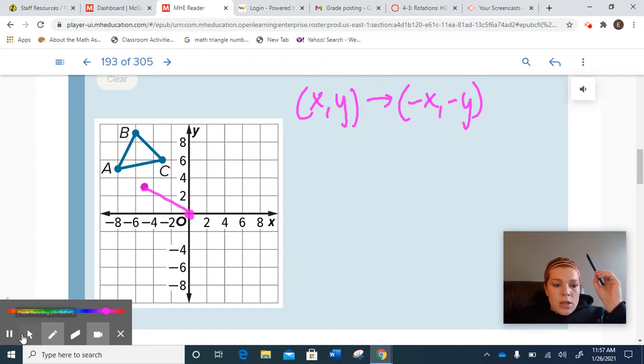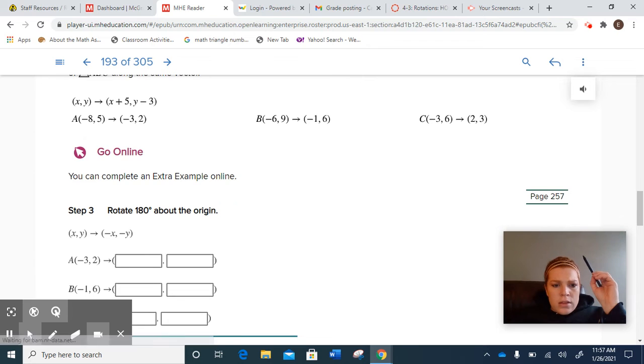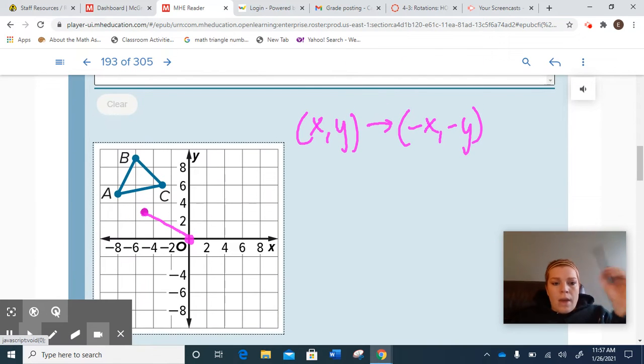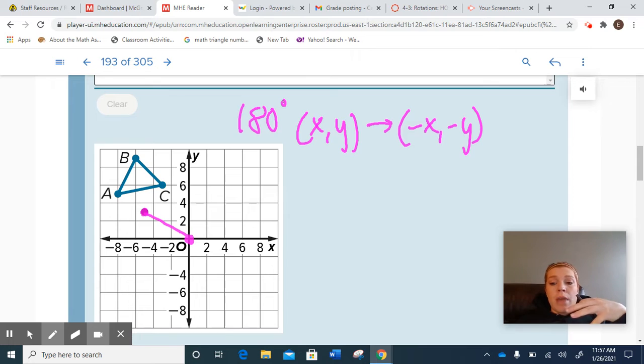Let me double check that, make sure I'm telling you the right thing. Sometimes I don't even have these memorized. Yes. Okay. But before we get to do the 180, we're going to move the shape into position where we can do the 180 rotation. And then we're going to move it back to where it should be originally.